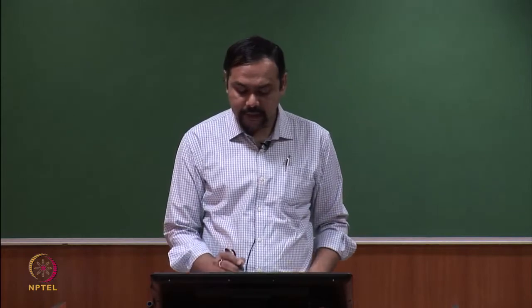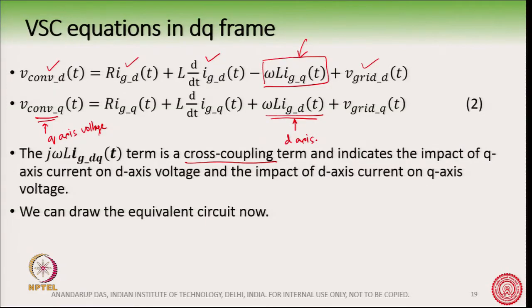However, this equation tells us that if we change the d axis current, there is an impact on the other axis voltage. So this factor needs to be nullified. This is inherent in the model of the VSC.